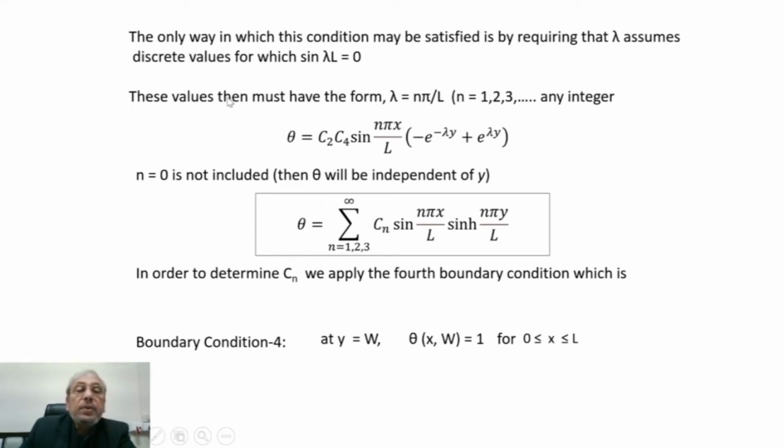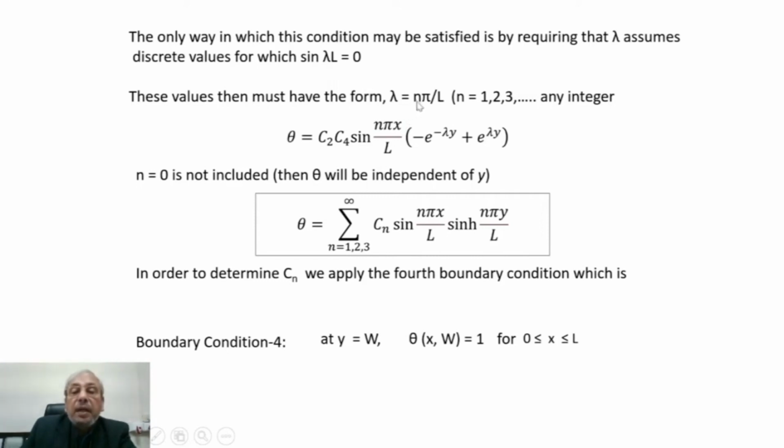These values must have the form lambda equal to n pi by L, because lambda has to be such that sine lambda L is 0. Those lambda values have to be found out for which sine lambda L is 0.